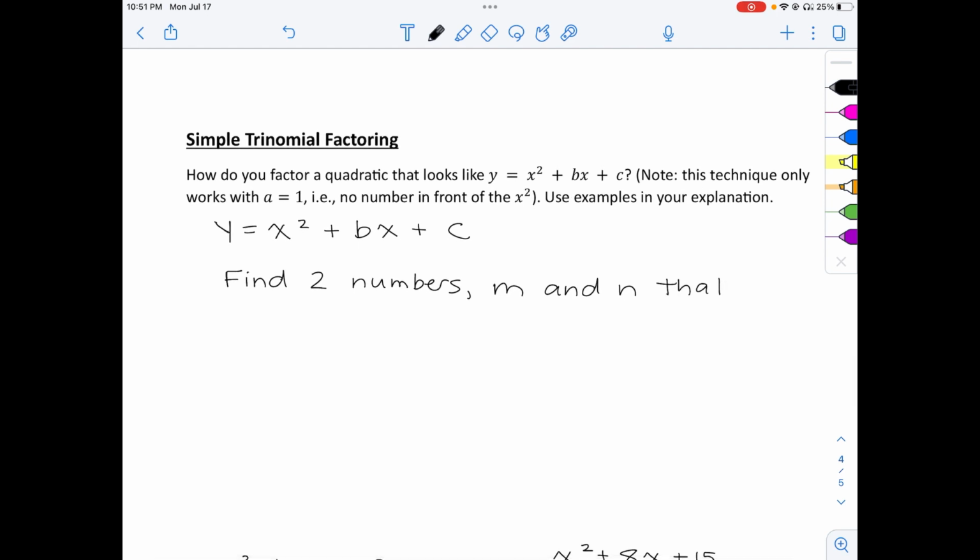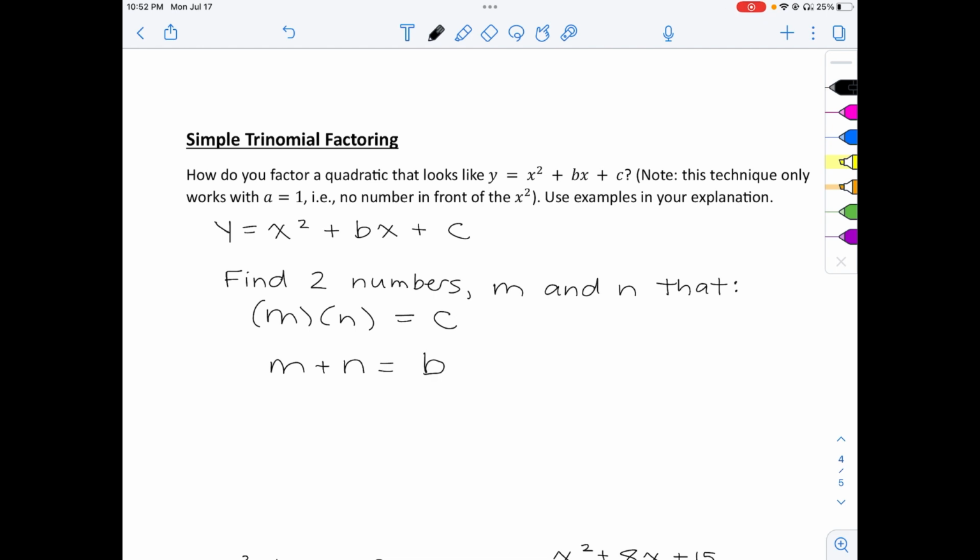And those two numbers need to multiply to give you c. Okay, so we would say if we had m times n would give you c, and add m plus n to give you b.